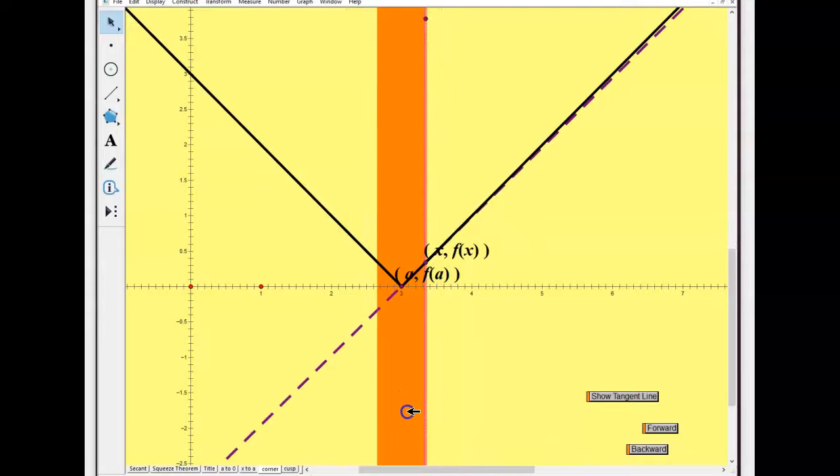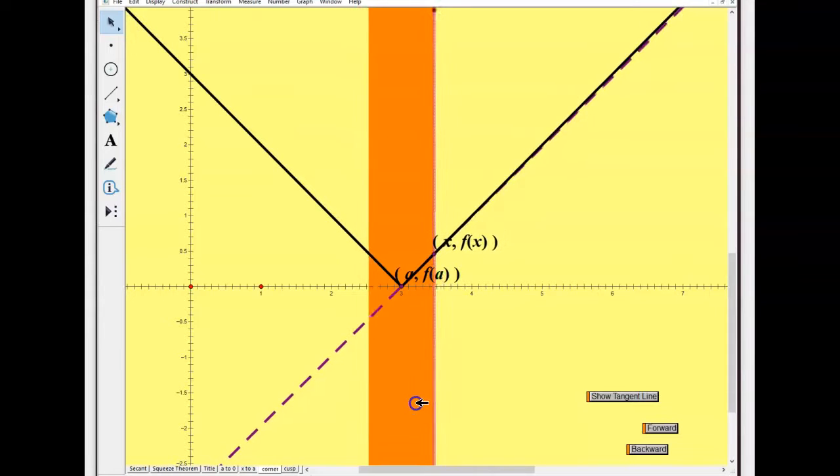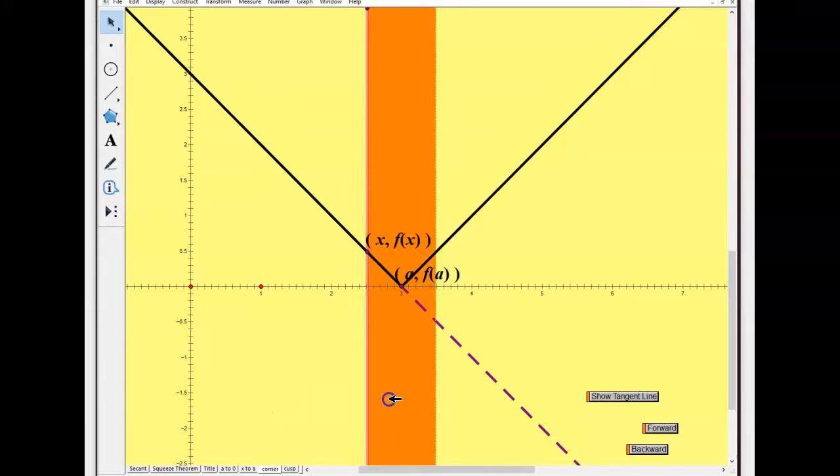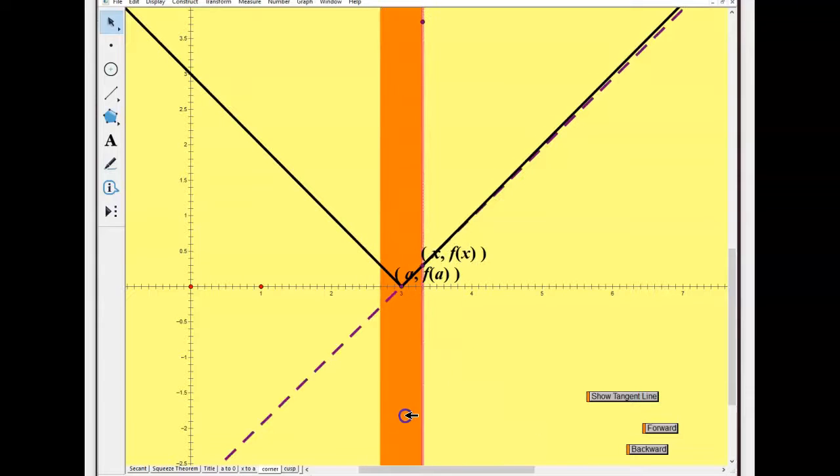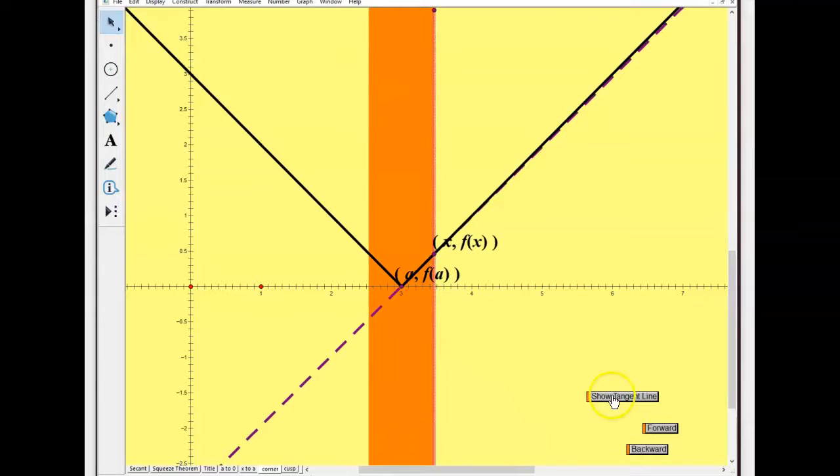So the secant line has a slope that's positive, and then once I get past a, it flips. So the tangent line could be this way if I was looking tangent to a from this direction, or it could be from the other direction.